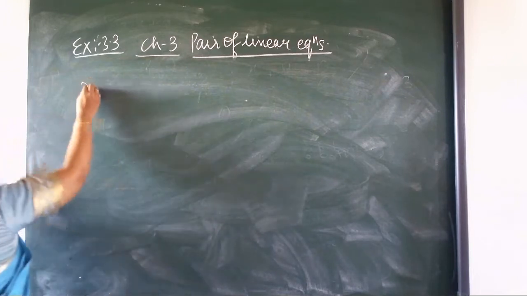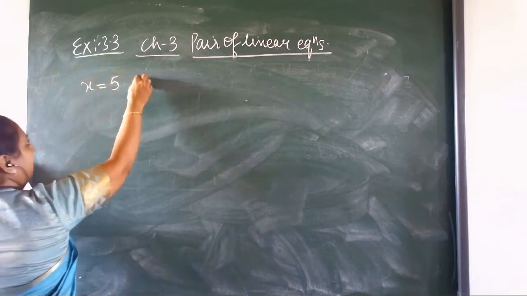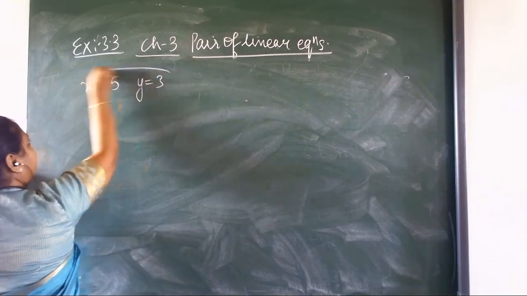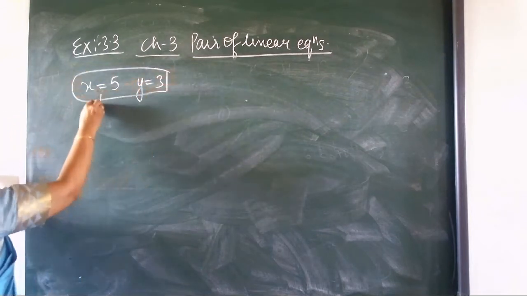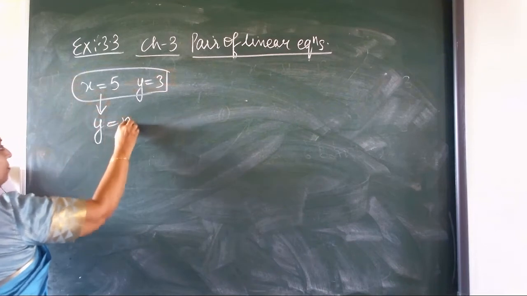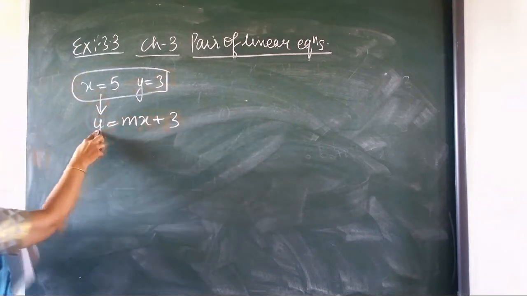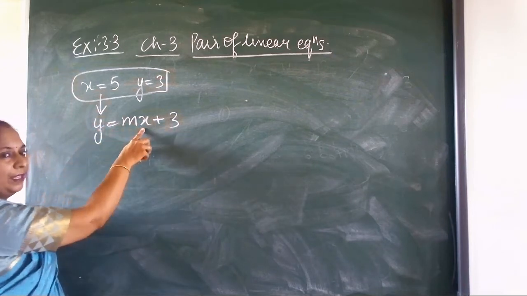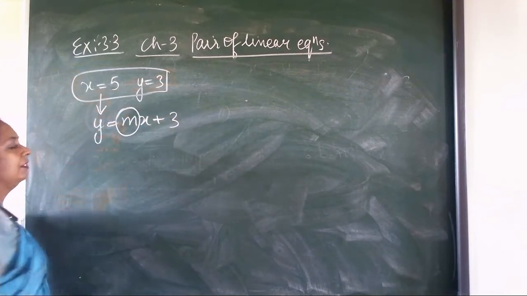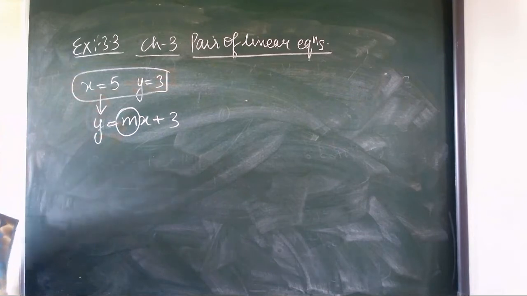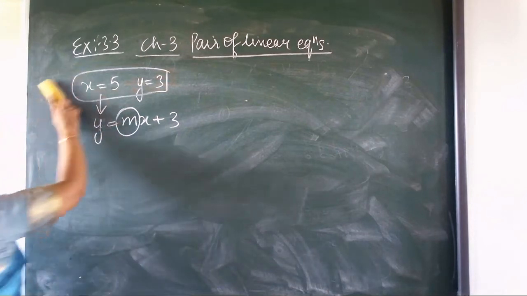Suppose the value of x we are finding is 5 and y is equal to 3. Now after this you put these two values in the equation y is equal to mx plus 3. Putting the value of y here and putting the value of x here, you can find the value of m. Clear?